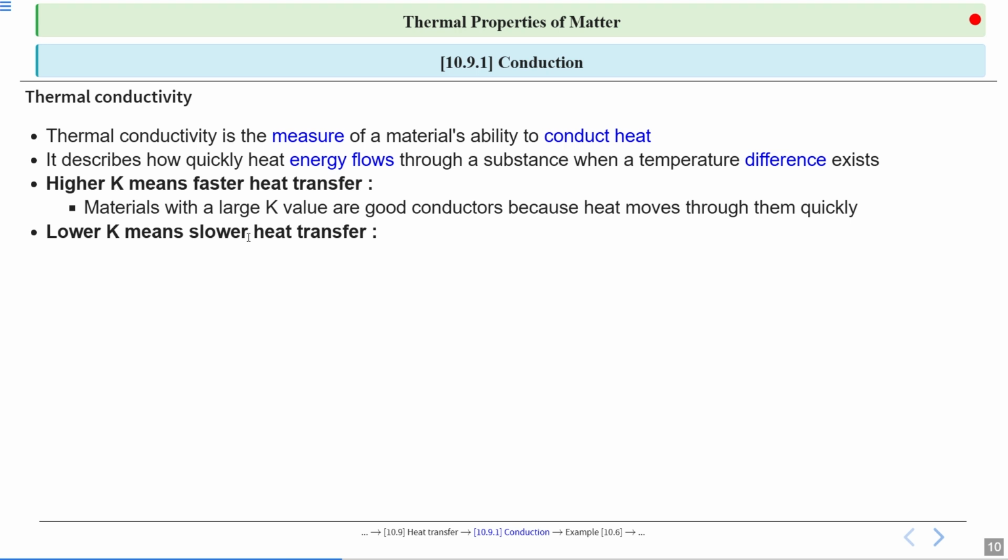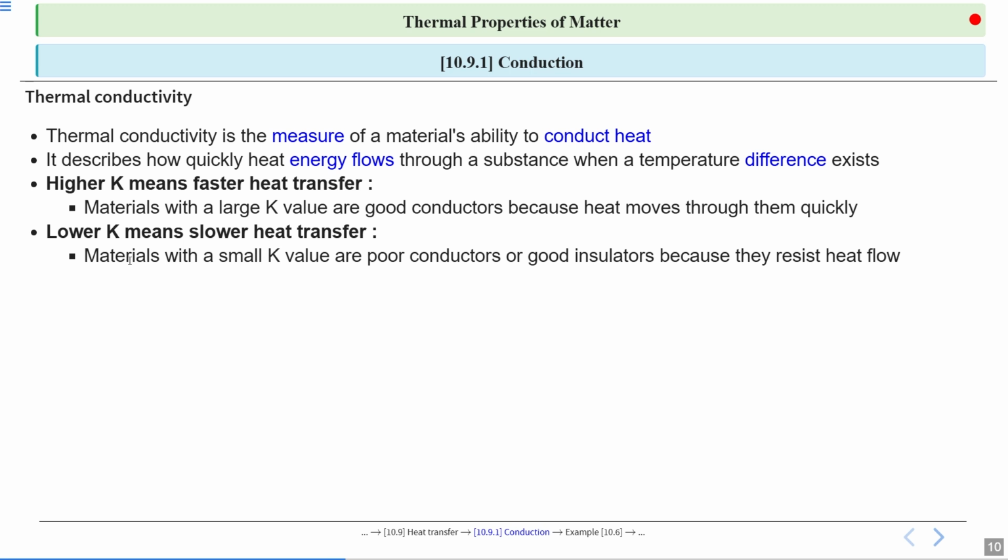Lower K means slower heat transfer. So we can say if the thermal conductivity is lower, K is lower, so the heat transfer is slower. Materials with small K, meaning small thermal conductivity value, are poor conductors. Their conductivity is poor, or they are good insulators because they resist heat flow.